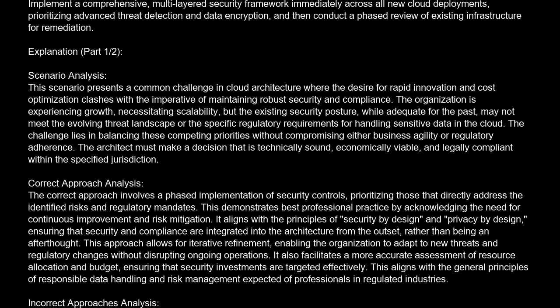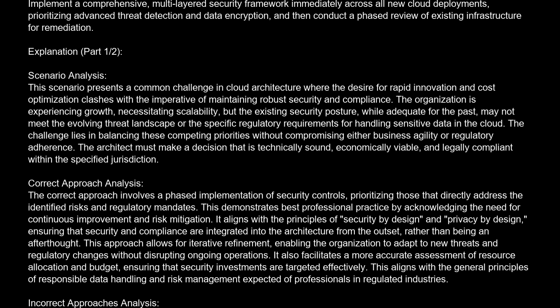Explanation. Scenario analysis. This scenario presents a common challenge in cloud architecture where the desire for rapid innovation and cost optimization clashes with the imperative of maintaining robust security and compliance. The organization is experiencing growth, necessitating scalability, but the existing security posture, while adequate for the past, may not meet the evolving threat landscape or the specific regulatory requirements for handling sensitive data in the cloud.